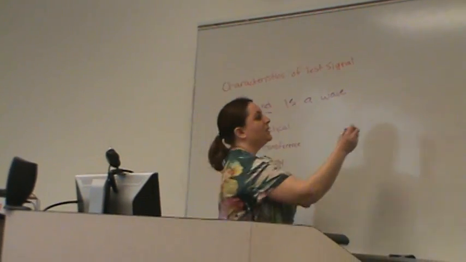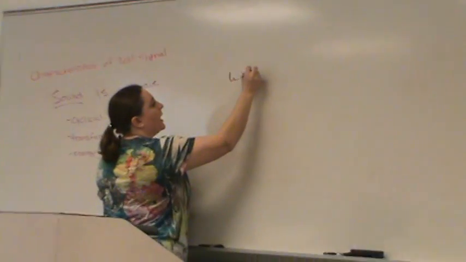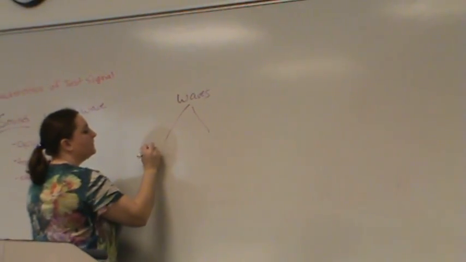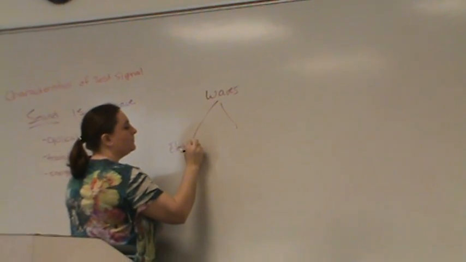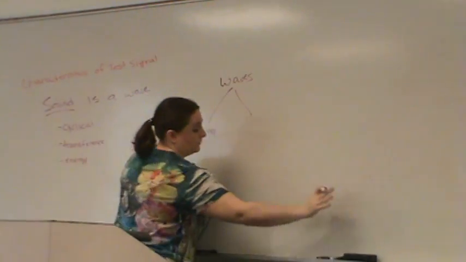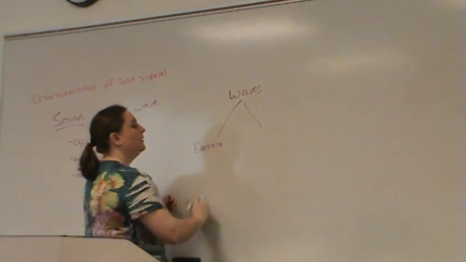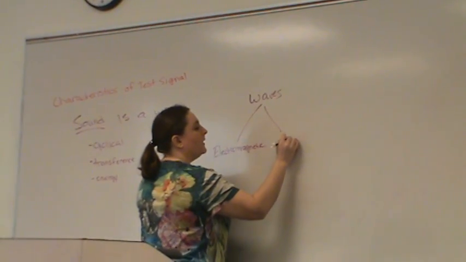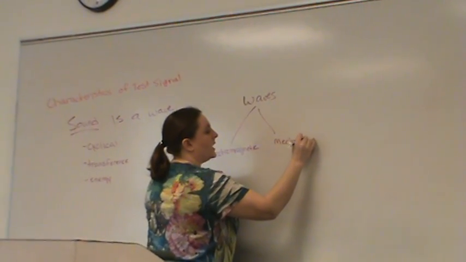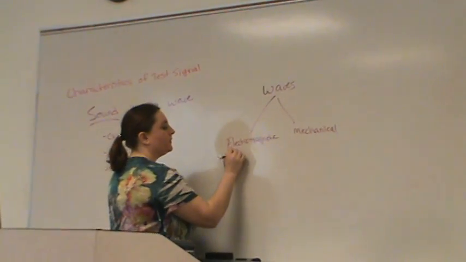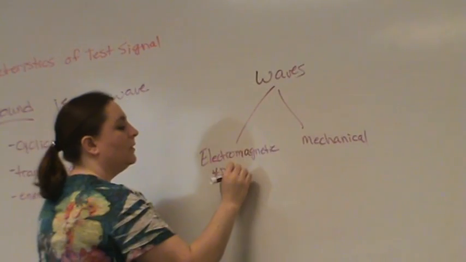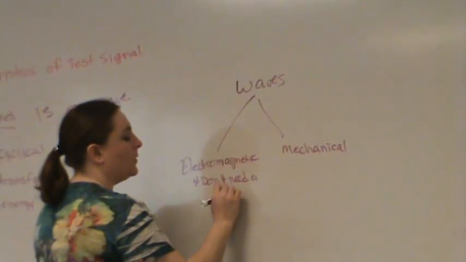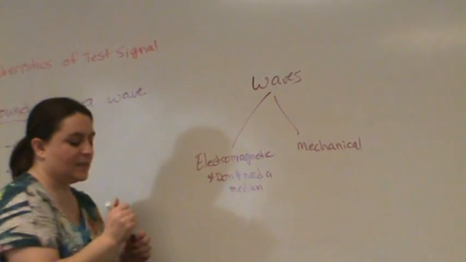And remember when we talked about waves, we had this lovely drawing where we had a couple of different kinds. We had electromagnetic waves and we had mechanical waves. The key component of an electromagnetic wave was that it doesn't need a medium.